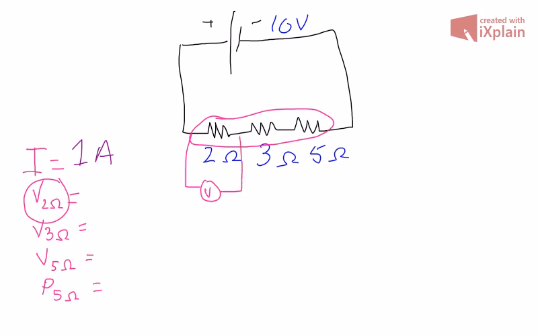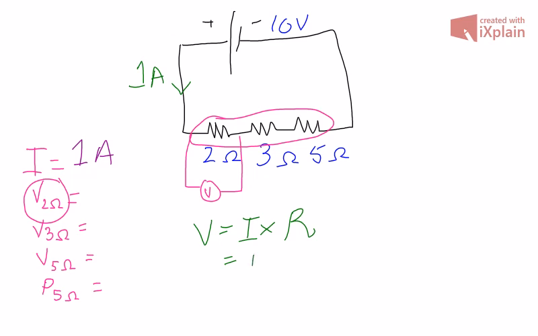In order to compute that voltage, we again use Ohm's law, which says voltage is equal to current times the resistance. We know the current that's going through the entire circuit is 1 amp.